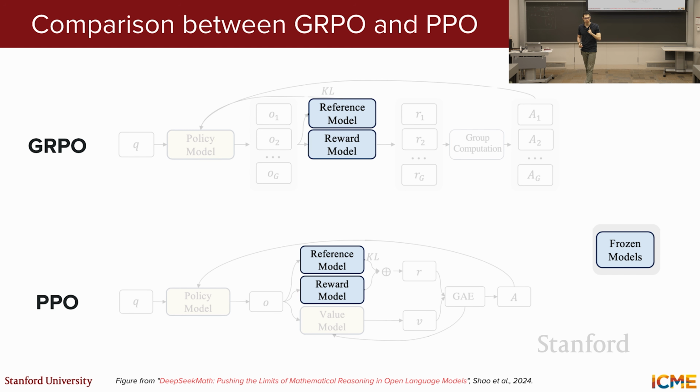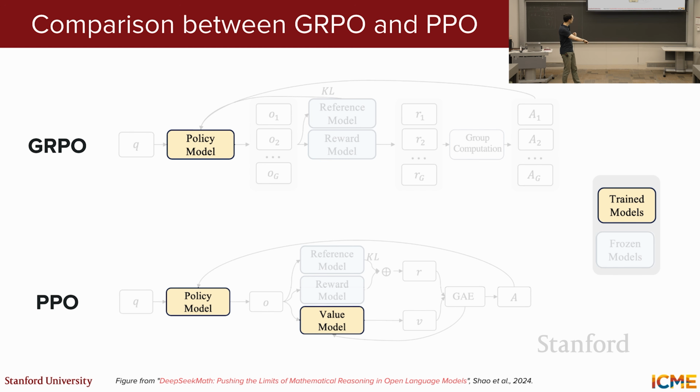Now, one thing to note is that in the reasoning case, we're actually not training a reward model because we know how to tell whether a solution is correct or not. We actually have a verifiable reward. So in the reasoning case, we're not having any reward model at all. It's the same for both.